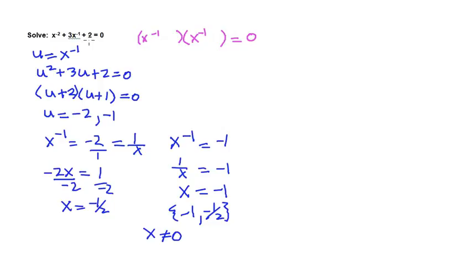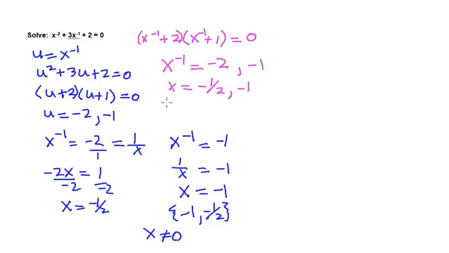And now when we look at the coefficients, +2 for the last term and then +3 for the middle term, we can see that the factors of 2, which add up to 3, are going to be +2 and +1. And then they are able to solve each of these factors. X to the -1 then becomes equal to a -2 or a -1.